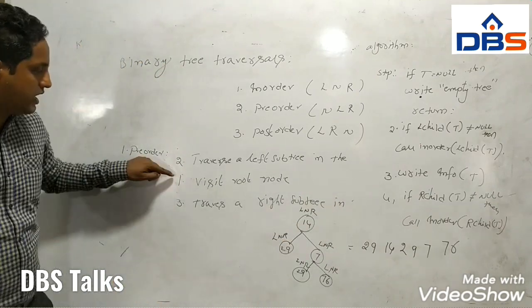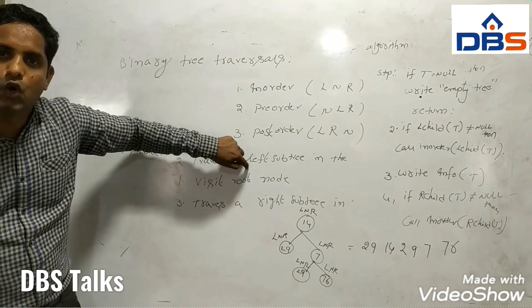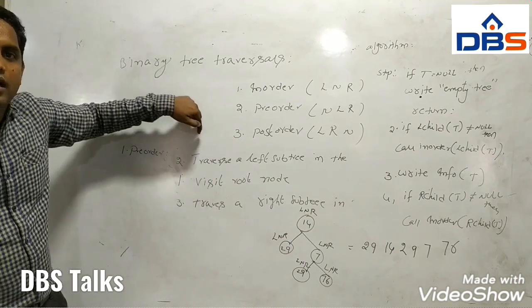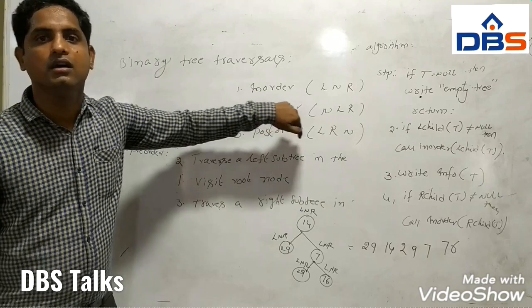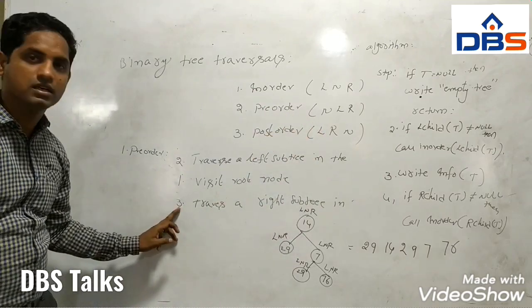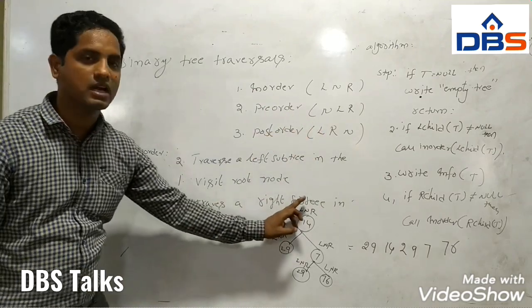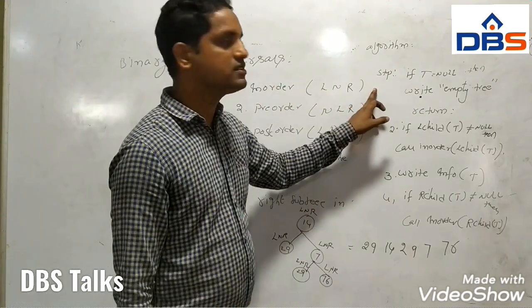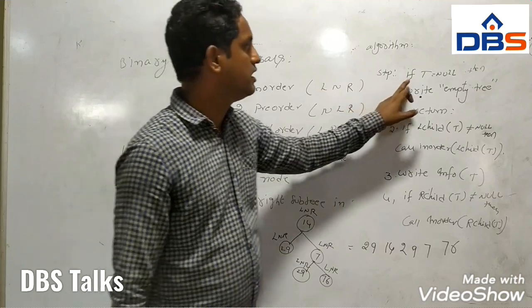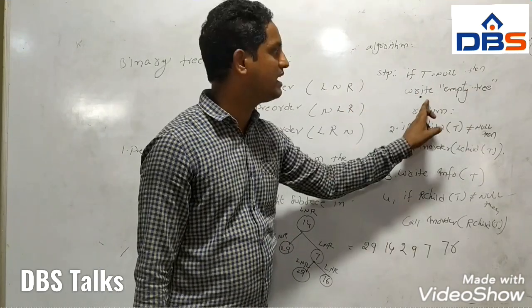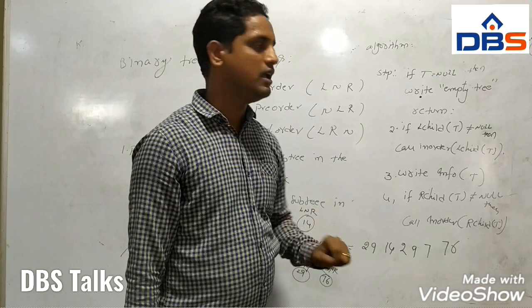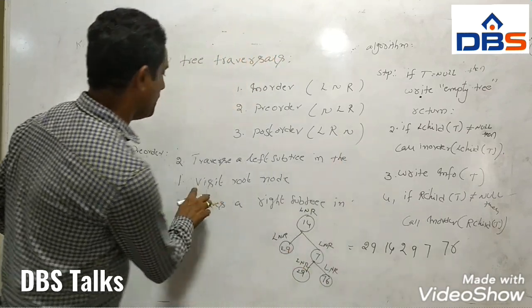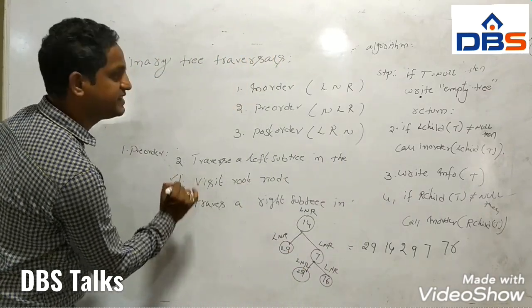So the algorithm: step one is common for all. That is, if t equal to null, then write empty tree and return. And the first step is visit the root node.